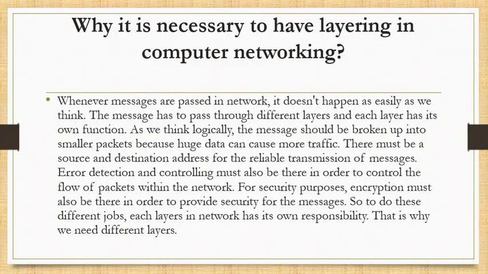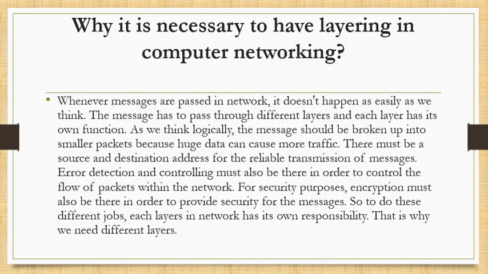As we think logically, the message should be broken into smaller packets because huge data can cause more traffic. There must be a source and destination address for reliable transmission of messages. Error detection and control must also be there in order to control the flow of packets within the network.